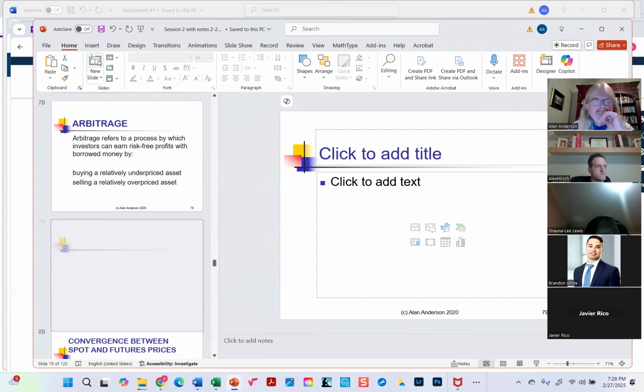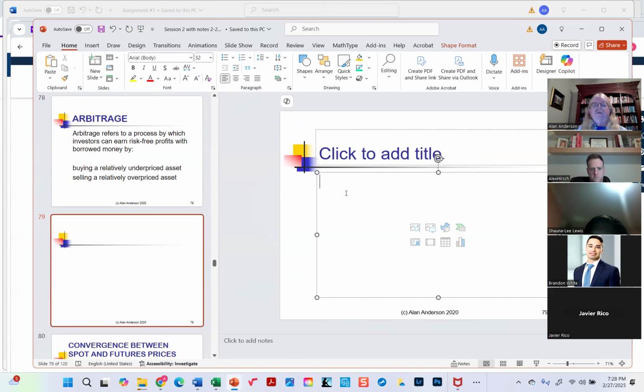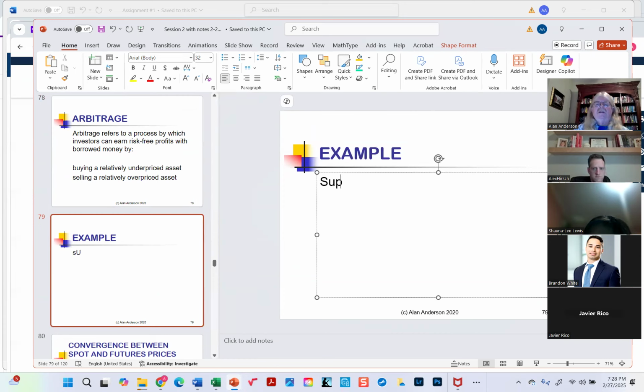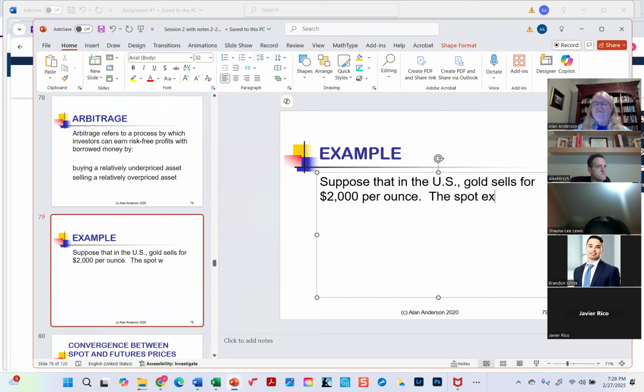And so just as a quick example, suppose that in the US, gold sells for, let's say, $2,000 an ounce. The spot exchange rate between the dollar and the pound is, let's say, 1.30 per pound.